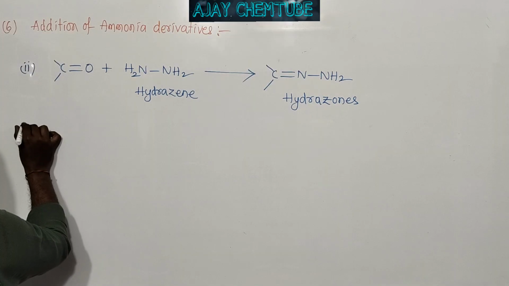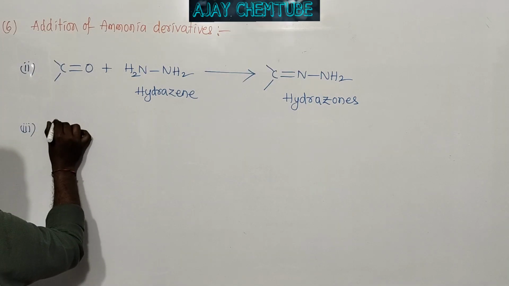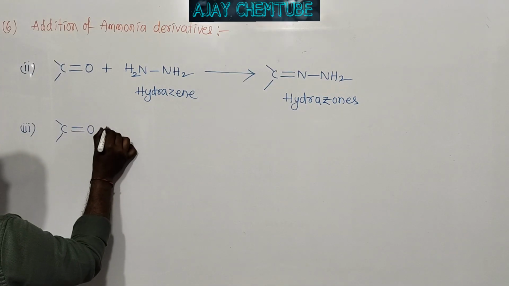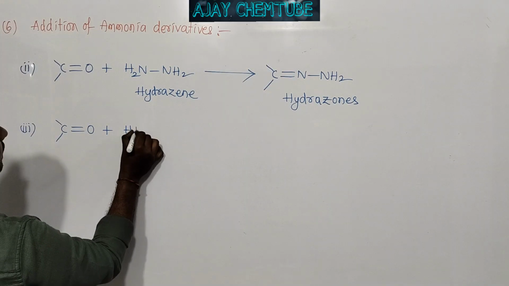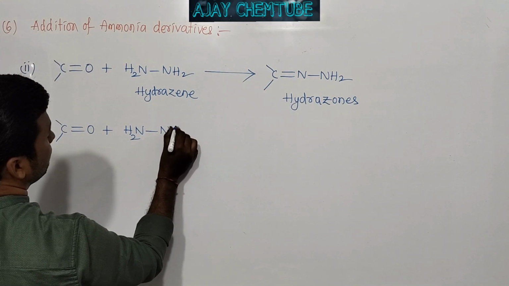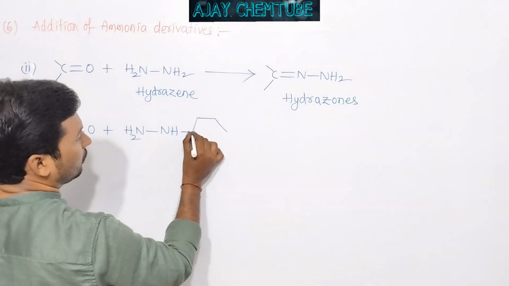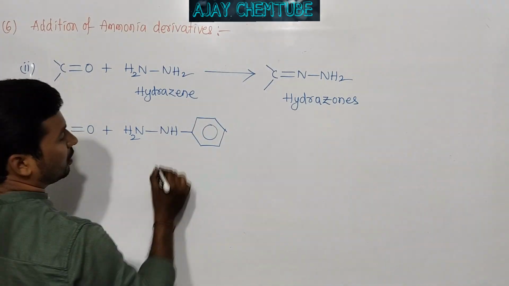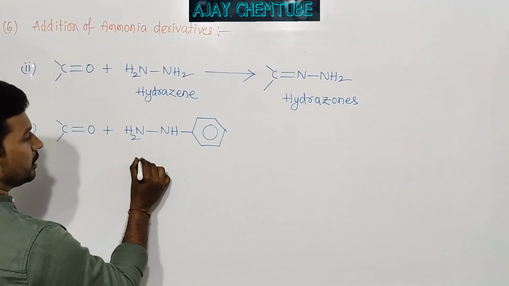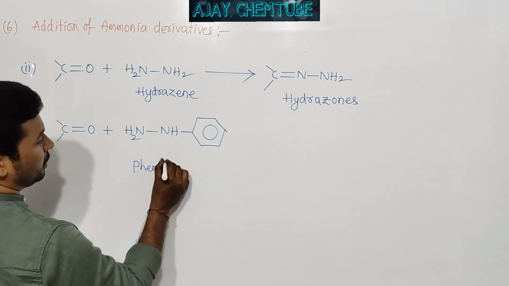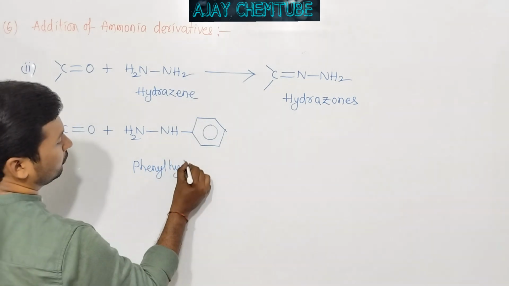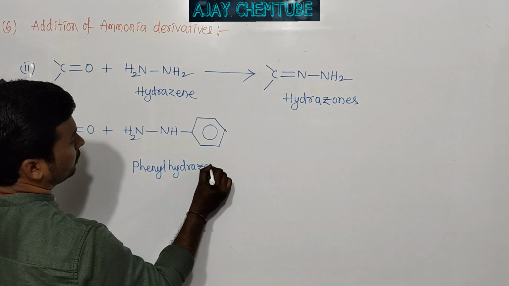Next, if you take phenylhydrazine with a carbonyl compound, I am not taking simple hydrazine. Simple hydrazine is NH2NH2. Instead of one hydrogen, if a phenyl group is present, that is phenylhydrazine.